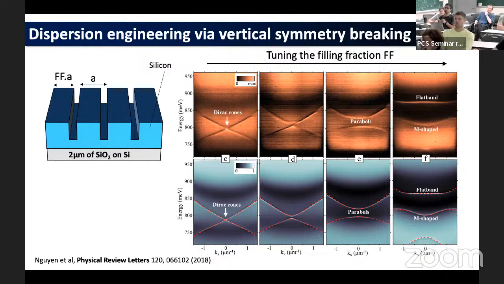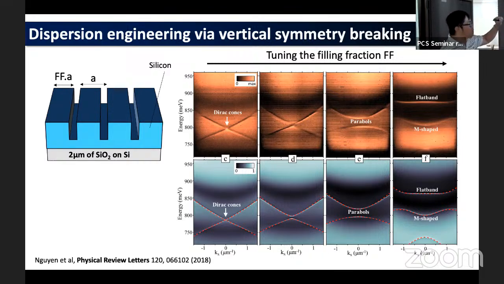So here this is not some kind of change from weak coupling to strong coupling, because we have it at a very specific filling fraction. That means that if I reduce the filling fraction, then I will open the gap again. So it's some kind of accidental degeneracy.